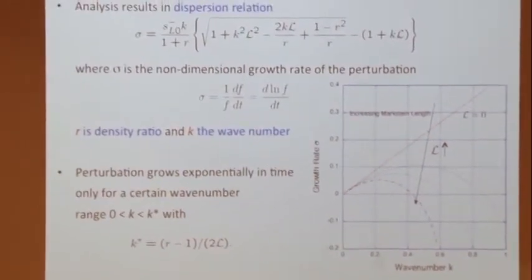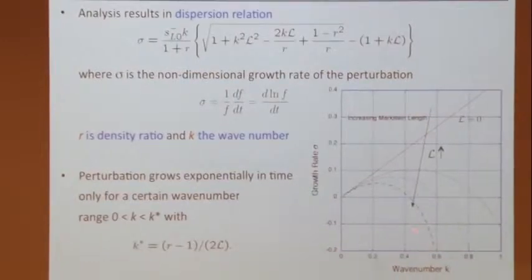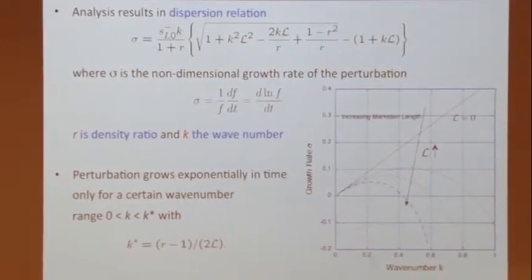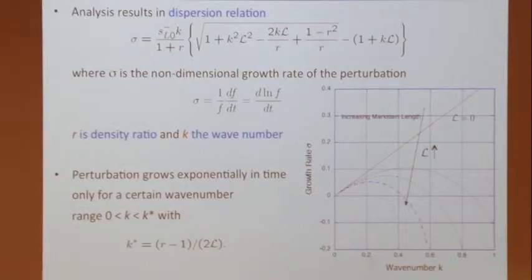And that just says, for any wave number, so dispersion relation, you know these things. This is the growth rate of a perturbation. If it's positive, you get an instability. If it's negative, it has a stabilizing effect.